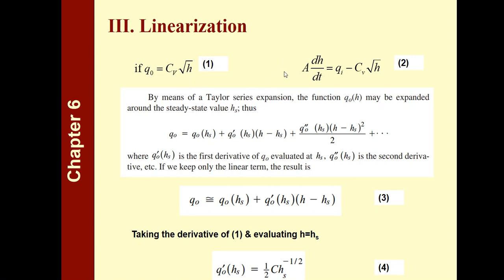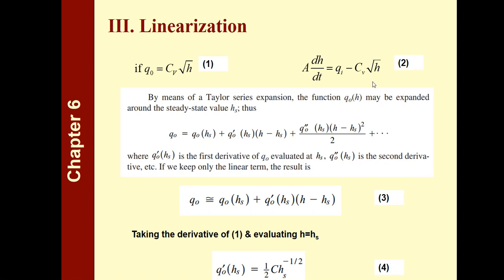And if we write our unsteady state mass balance again, just like what we did in the liquid level system, the Q minus Q sub O is now this Q sub O. So it's not the simple case of H over R, but rather it's C, a constant, which is a characteristic or property of the valve or the pump or whatever resistance that may be, times the square root of H. So this is now nonlinear.